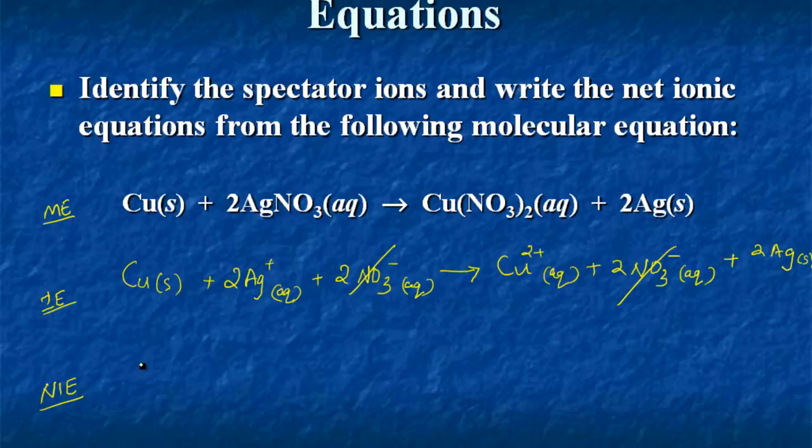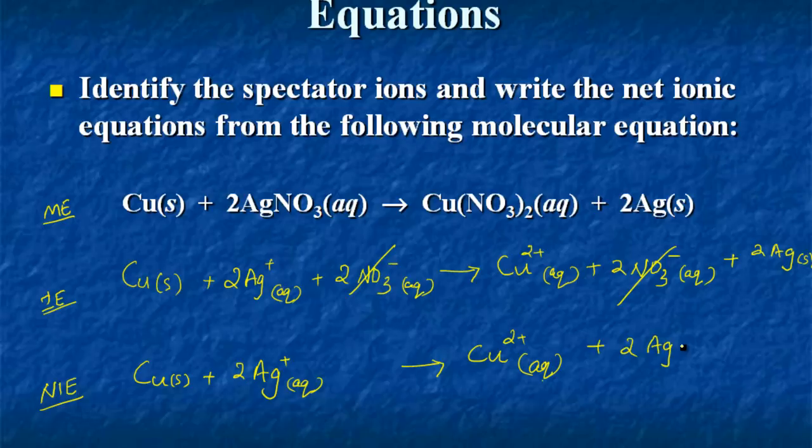So the net ionic equation is Cu solid plus 2 Ag plus aqueous, giving us Cu2 plus aqueous and 2 Ag solid. What type of a reaction is this?